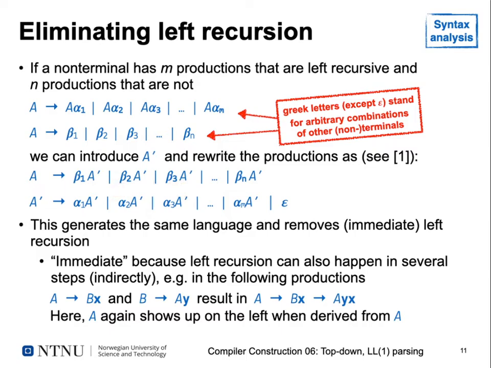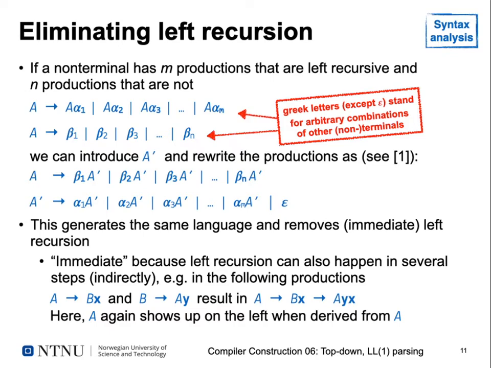So we take all of our betas first and only have one production for our non-terminal symbol A again. And then we have our non-terminal symbol A prime, which we introduced here, and can put all the other repetitions of A prime behind it. So we take alpha 1, alpha 2 until alpha m A prime. And we've already seen this in our previous example. We need to add the epsilon to finish this recursion.